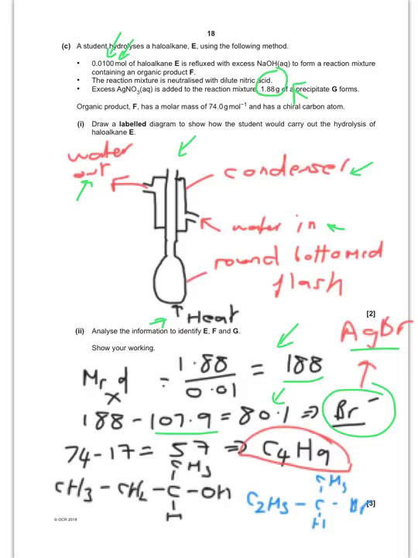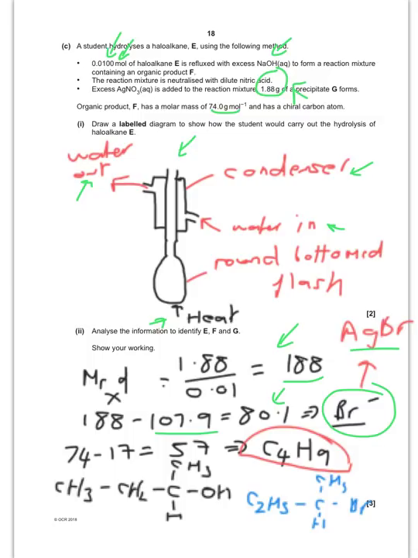Right, so you now know you've got Br, so you know your precipitate was AgBr. Okay, so your organic product F has a molar mass of 74, and it also has a chiral carbon. So you know organic product F is an alcohol because you've refluxed your haloalkane with excess sodium hydroxide, which makes an alcohol.